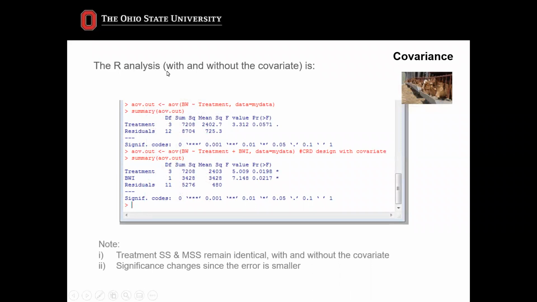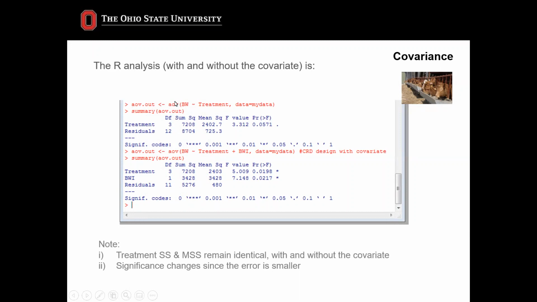So let's look at the analysis initially with the covariate excluded, and that is the top piece of code, and then the analysis with the covariate included. So we create the variable AOV.out.